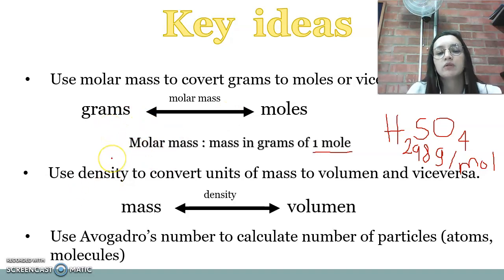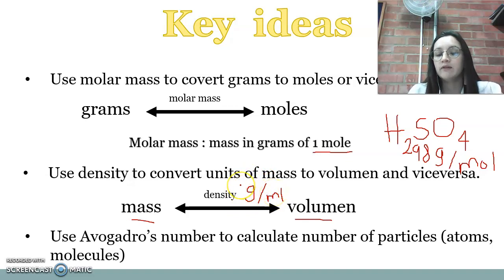Also, another conversion that we may use is if we need to change units of volume to units of mass. To do this conversion, or the other way around, mass to volume, we use the density of a compound. Why the density? Because the density is always in units of grams per milliliter, or grams per liter, or kilograms per liter, but it's always the relationship between mass and volume.